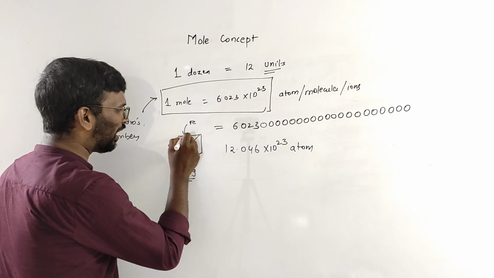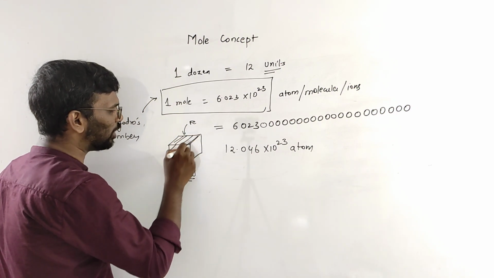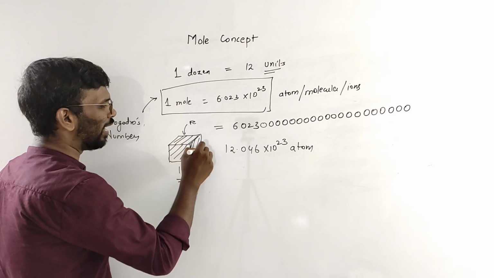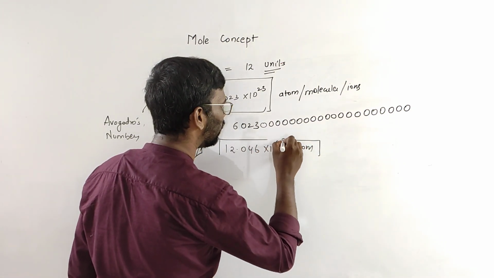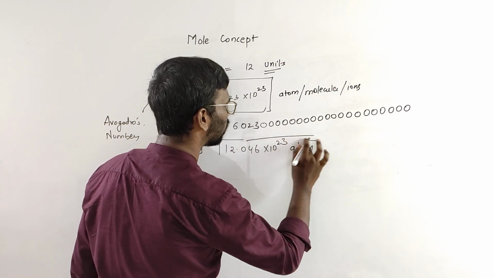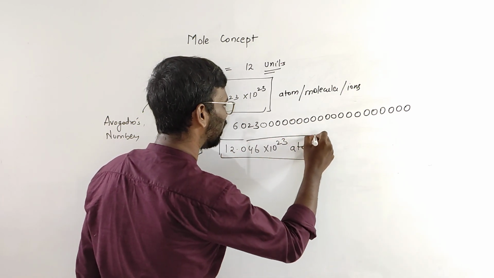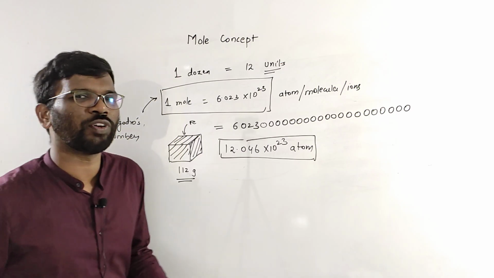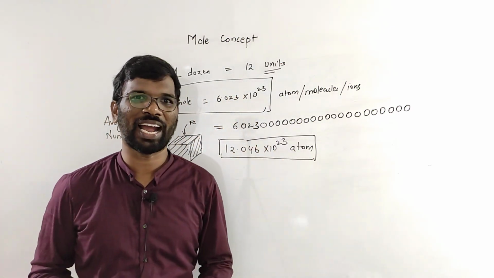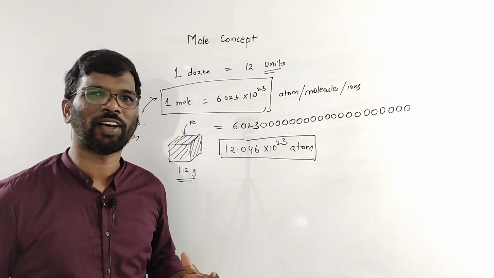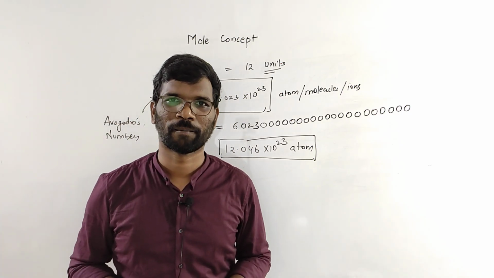Means I counted the number of atoms in this block, and I found it is this much. It is again a big number, and it becomes very difficult for us to deal with such a big number. I want some lower number which I can deal with.